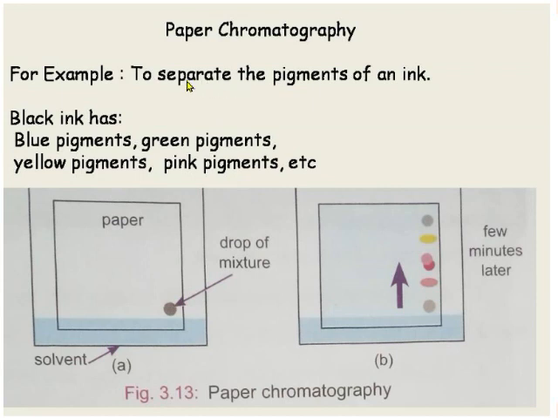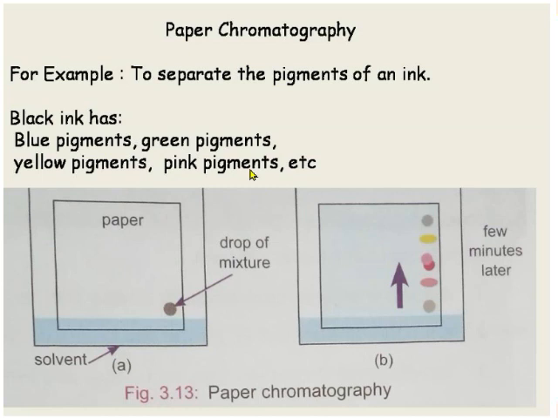So we will use a paper, filter paper. And that's why this chromatography will be called paper chromatography, because we are using a paper here. So suppose we have to separate the pigments of black ink. Black ink has blue pigments, green pigments, yellow pigments and pink pigments and similar other pigments.